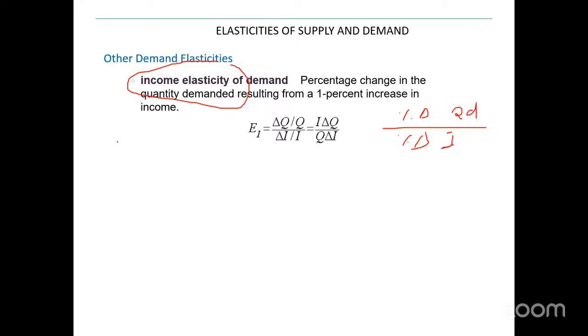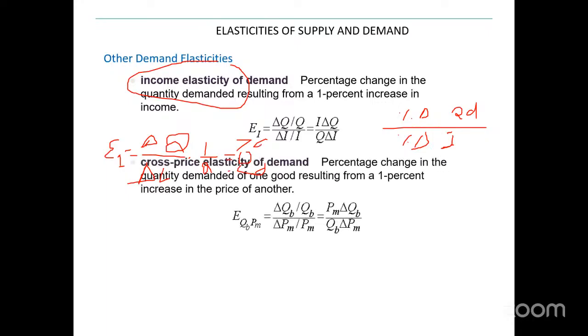The standard formula is change in quantity divided by change in income, multiplied by income divided by quantity. With that we can measure the income elasticity. Now, unlike price elasticity, income elasticity can be positive, can be negative, can be zero, whichever way it happens.